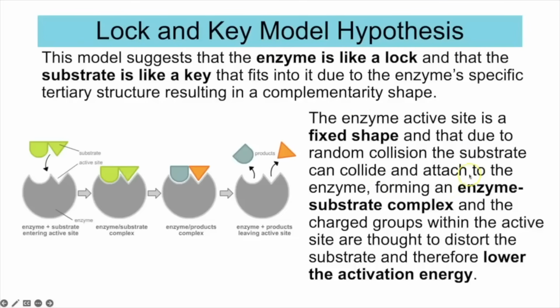And the theory here is stating that when we then get these enzyme-substrate complexes, the charged groups within the active site were thought to distort the substrate, and therefore it lowered the amount of energy required to break the bonds in the substrate.